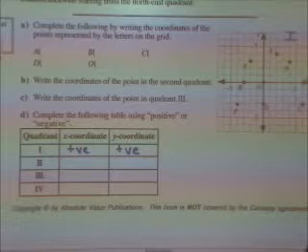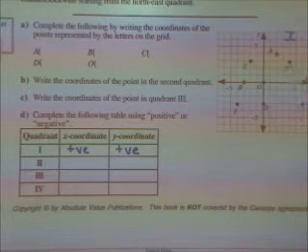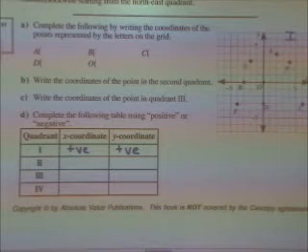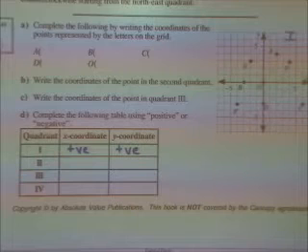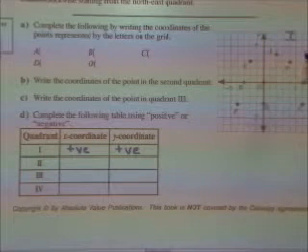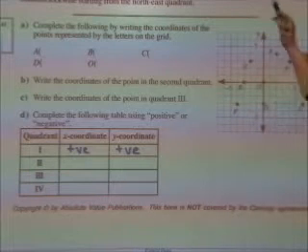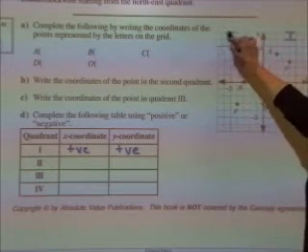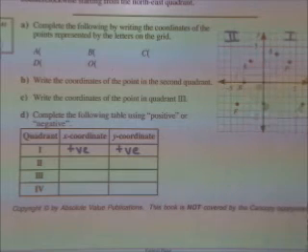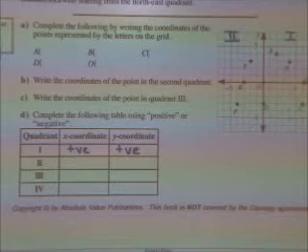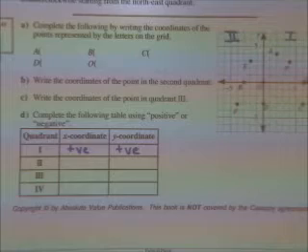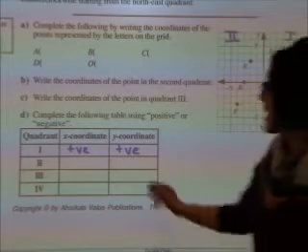Okay. We're going to skip questions A, B, and C for a moment, and we're going to concentrate on D because it has to do with naming our quadrants. We start with quadrant 1 and we go counterclockwise. So the next quadrant would be this one. This would be quadrant 2. What can you tell me about the values of my x coordinates in quadrant 2? They are negative.